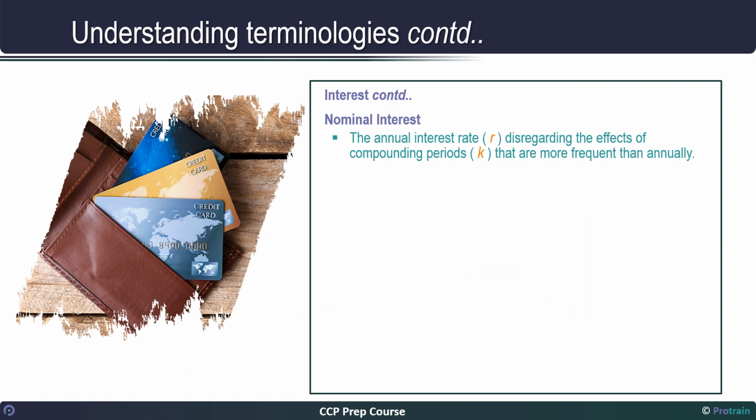Here we'll talk about nominal interest rates. Nominal interest rate is the annual interest rate disregarding the effects of compounding periods that are more frequent than annually. Nominal interest rate is denoted by R, and number of compounding periods are denoted by K. Let us understand nominal interest rate by an example.